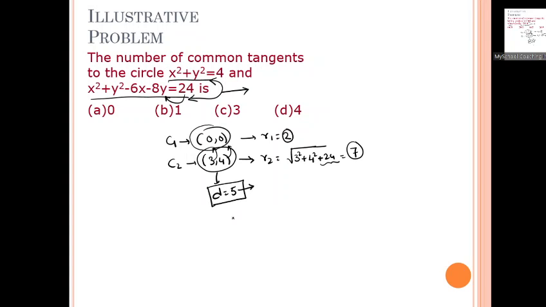Okay, is it clear? So which case is this? Are these numbers falling in? Can you see that 5 is equal to 7 minus 2? The distance between the centers is equal to modulus of R1 minus R2, the difference between the radii. So which case are these 2 circles in?